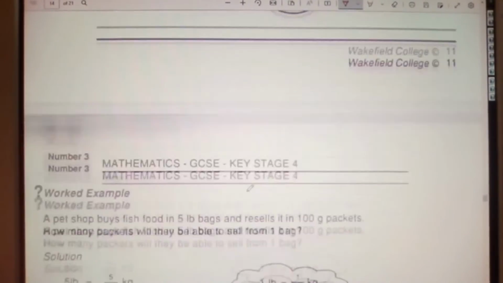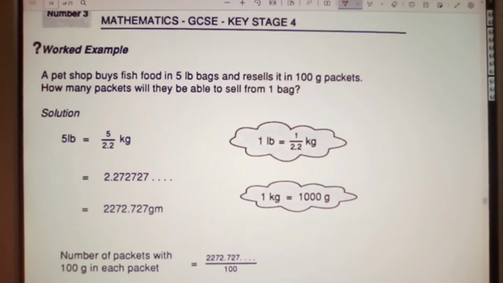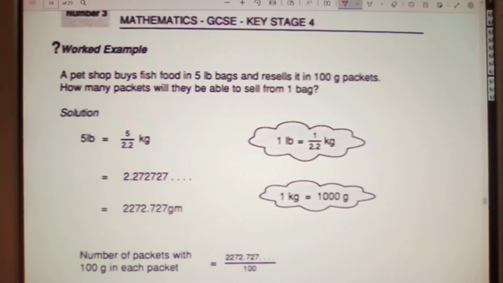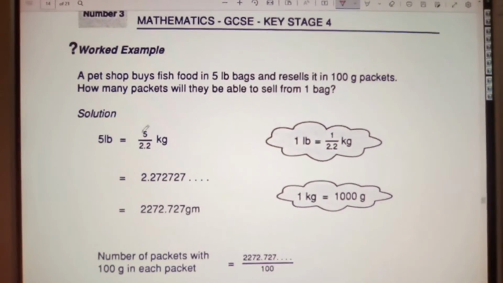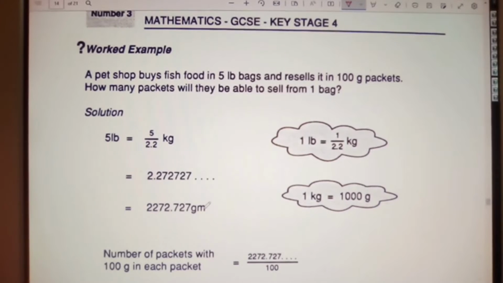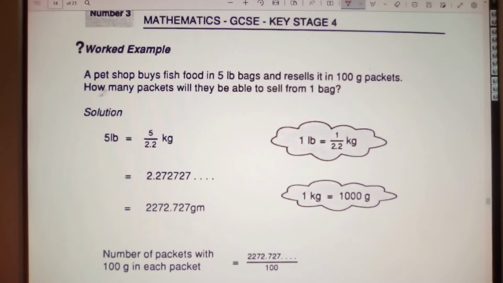Now again, here we have a worked example. A pet shop buys fish food in 5-pound bags and resells it in 100-gram packets. How many packets will they be able to sell from one bag?